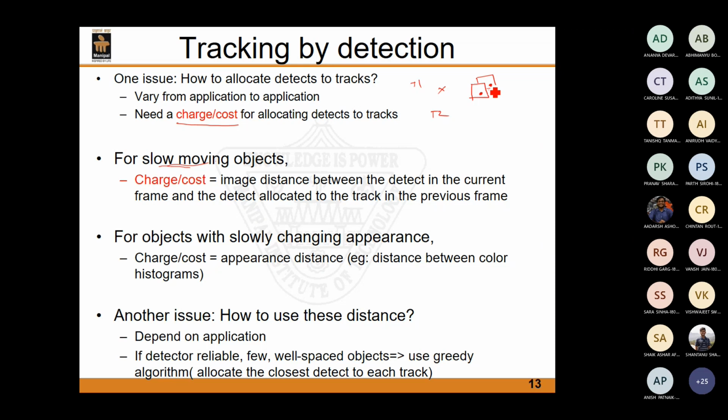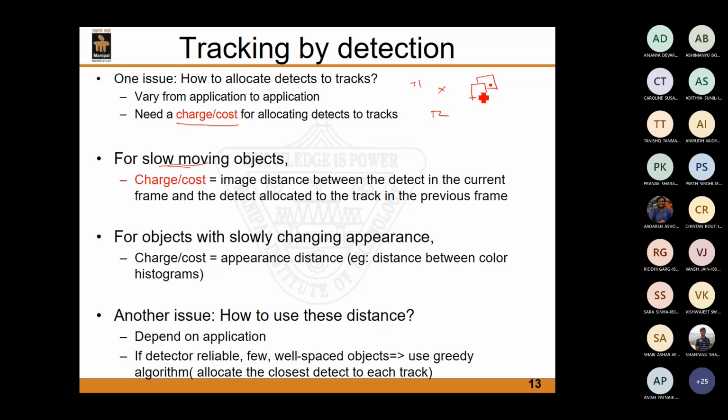And when I say appearance, it could be the gray level intensities or the pixel intensities. It can be the color information. That's what we mean by appearance. And if we are able to match the appearances of the detector responses, then we can allocate the cost to the tracks also.